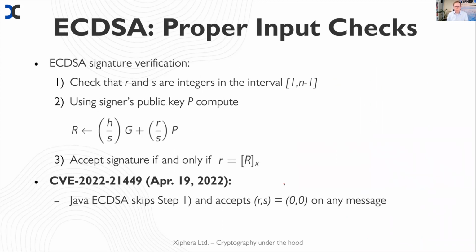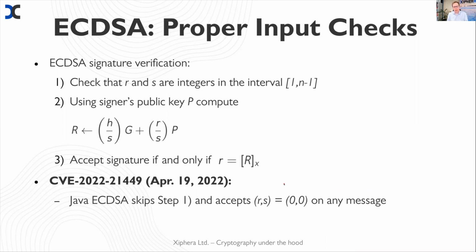Then the third and last example is a very recent vulnerability from April this year. It's also related to the elliptic curve digital signature algorithm, but now it considers the signature verification part.